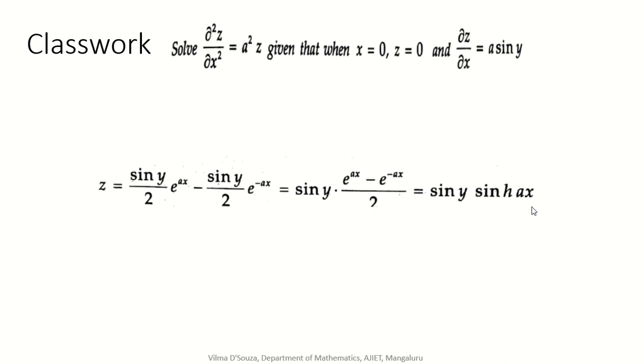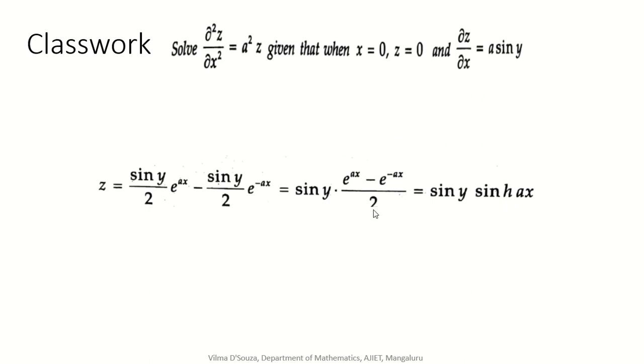And try to rewrite like this: sin y by 2 is a constant, into e power ax minus e power minus ax, or you can even write it as sin y into (e power ax minus e power minus ax) by 2. Why? Because this (e power ax minus e power minus ax) by 2 is nothing but your hyperbolic sin ax.